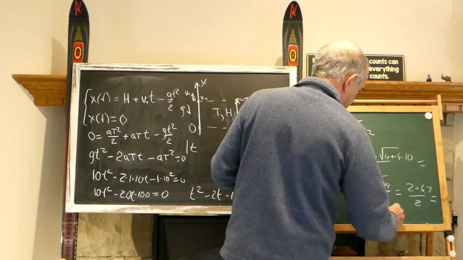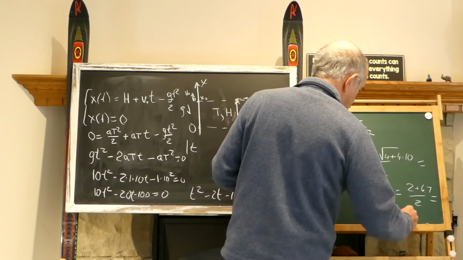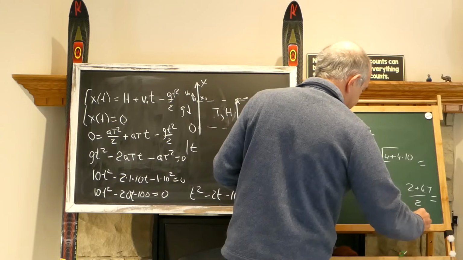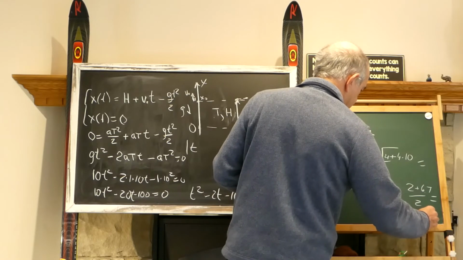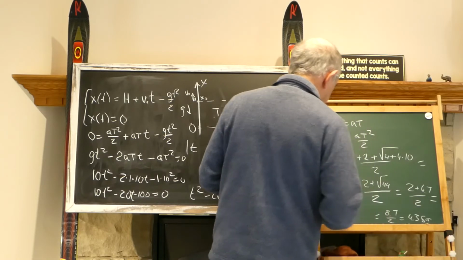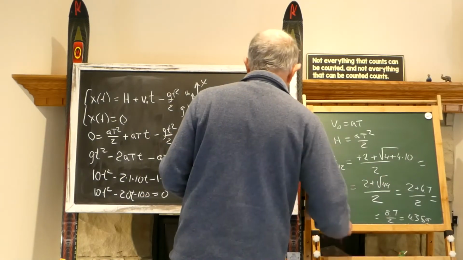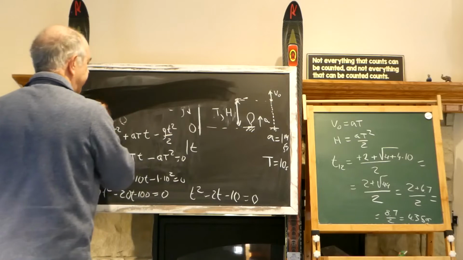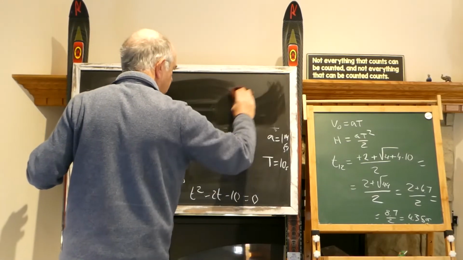It would be 8.7 divided over 2. It would be 4.3 seconds. And this is what it is. After this time, this body will fall to the ground.